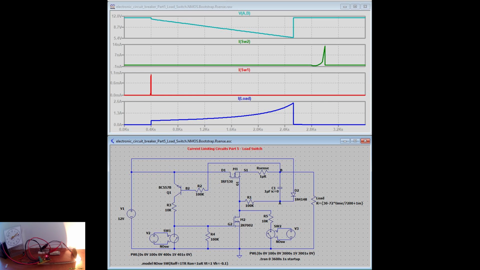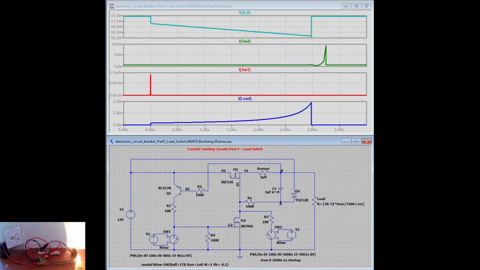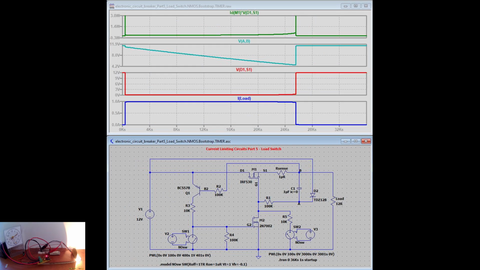However, in the simulation, the maximum current with this diode was 2.6 amps, with the capacitor draining down to 5.4 volts. With the Zener diode we get 5.5 amps, the circuit stays on longer, and the capacitor only drains down to 10.2 volts. That is why I opted to use the Zener diode.